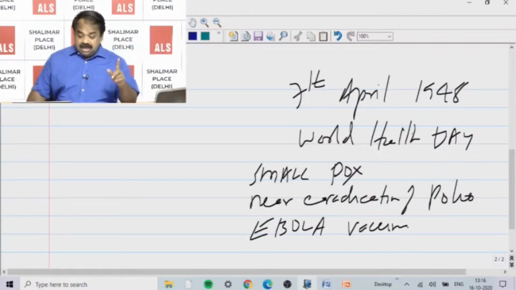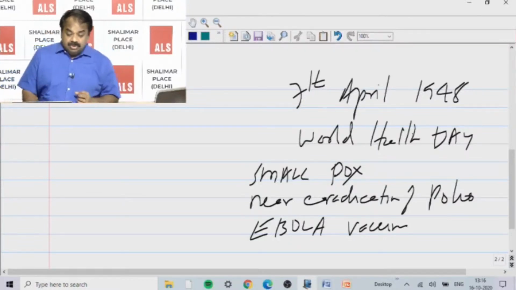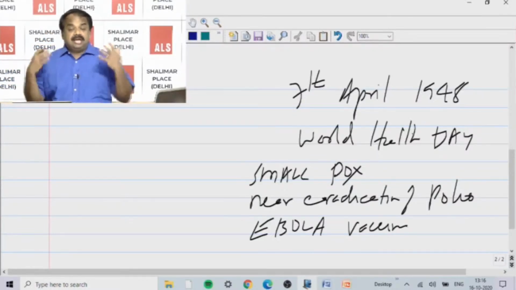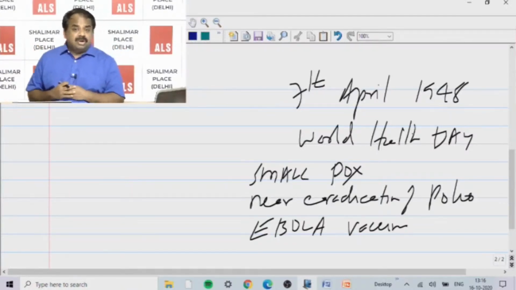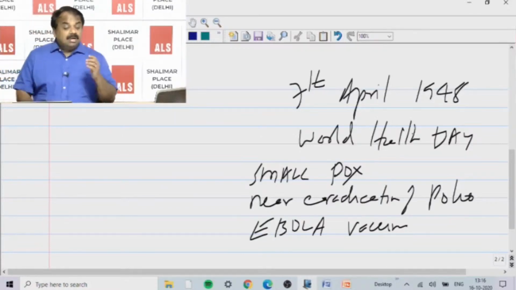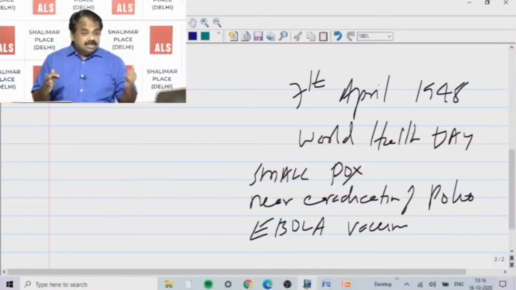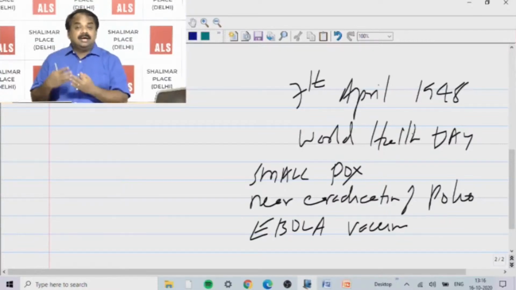These are some of the achievements we can say, and also, they are fighting against communicable diseases like AIDS, malaria, tuberculosis. I mean, a lot of work by WHO, absolutely no doubt, and even non-communicable diseases. So, in communicable diseases, work is going on AIDS, Ebola, malaria, tuberculosis.